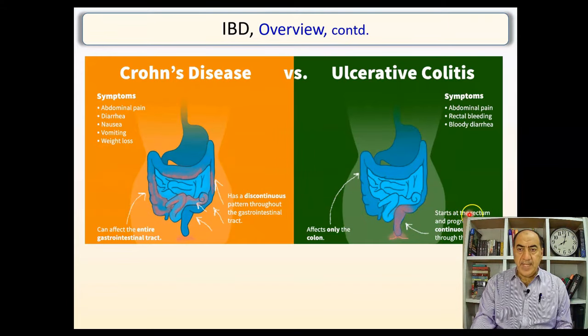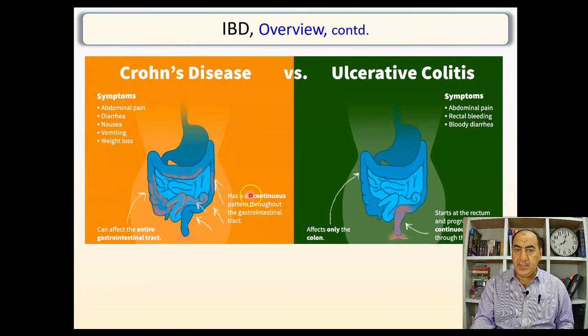Ulcerative colitis starts at the rectum and then progresses proximally, in the distal colon and the rectum, and then up to the sigmoid colon. This is the most commonly affected area, but it can go further, and if it does, it goes continuously, with no patches.